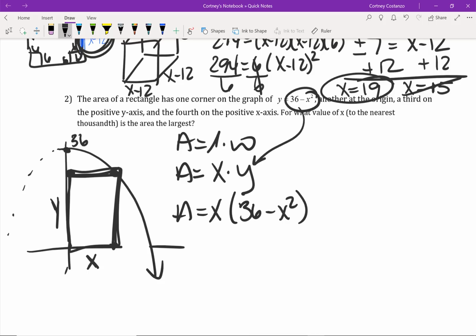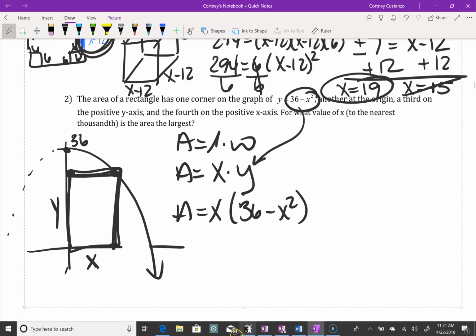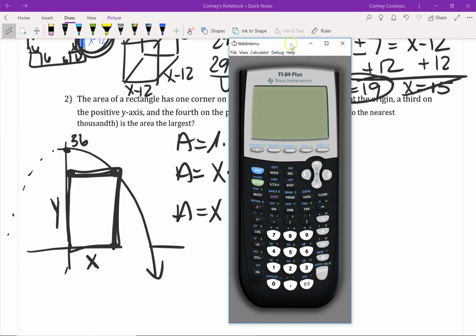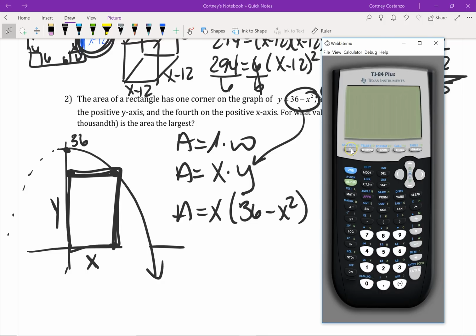I'm going to type that in my calculator. So let me bring up my calculator, if I can find it. In my calculator, I'm going to go to my y equals screen and type y equals x times parentheses 36 minus x squared.